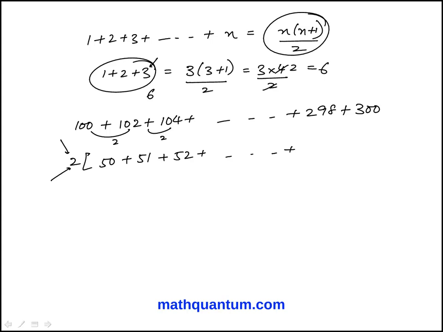Well, the idea is I want to relate it to the sum of consecutive integers. And once I take out 2, then these become consecutive integers. And this would be 149 plus 150. Now I can apply this formula, although you have to be careful. This is from 50 to 150.